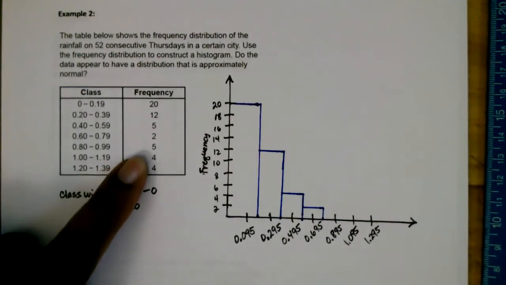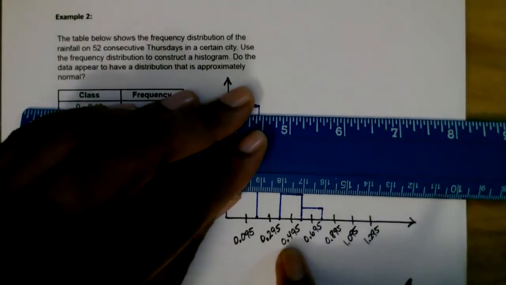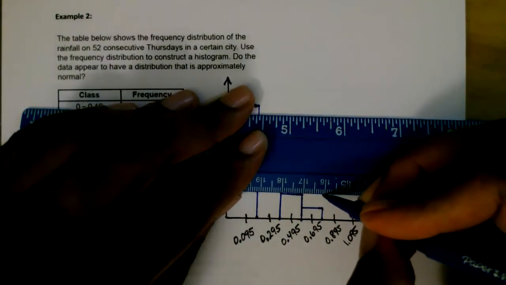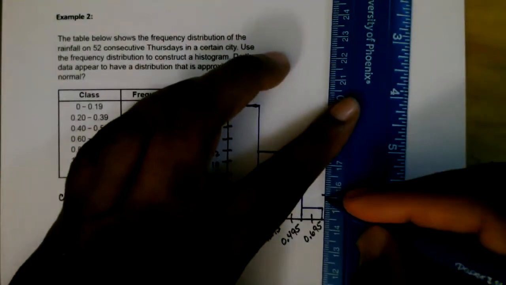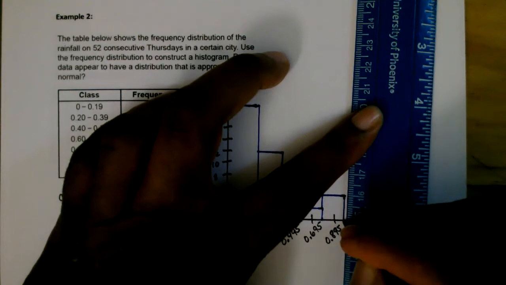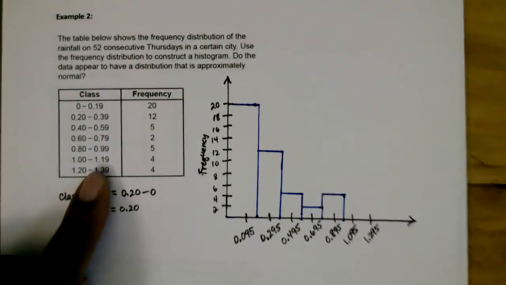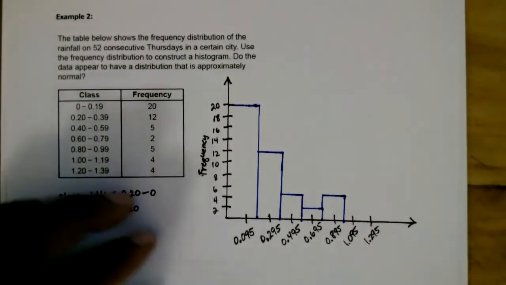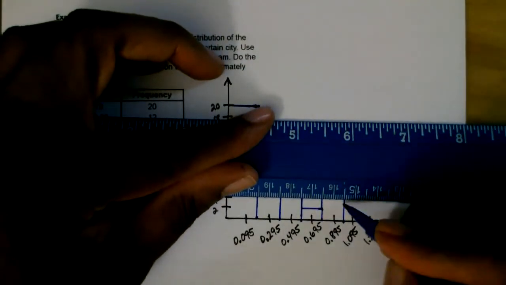The frequency there is 5, which is halfway between 4 and 6, the same height as the one for the class midpoint of 0.495. So I'm going to draw a line coming this way, and that's how I draw the height of that box. And then 1.095 represents the class midpoint for 1 to 1.19. The frequency there is 4, so I'm going to put the line at 4.